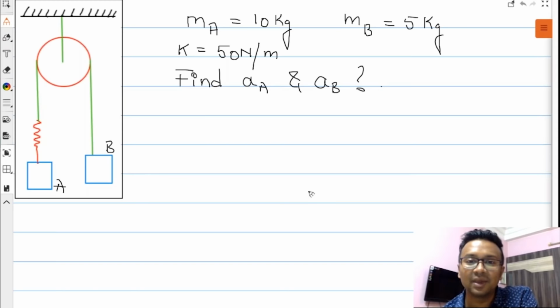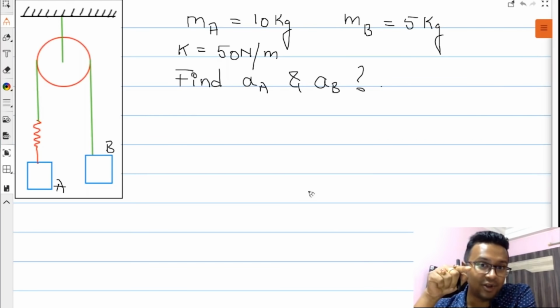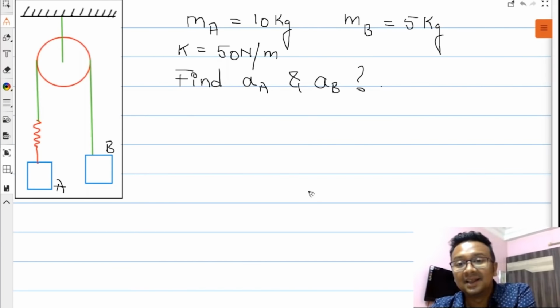So in the modular course, we are going to look at similar problems, the ones with this spring. And as I promised you, we are also going to look at how to calculate the tension in all these cases. We have found out the acceleration, so in our modular course we'll quickly look at how to find out the tension, and I'm going to do more of these spring-based problems in the pulley.